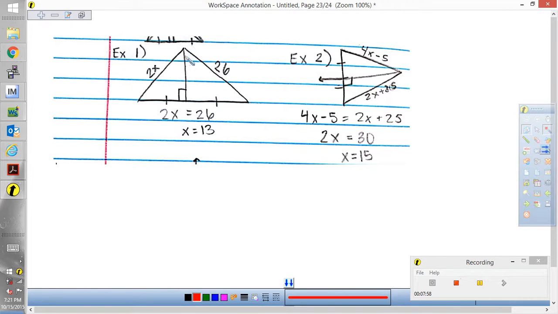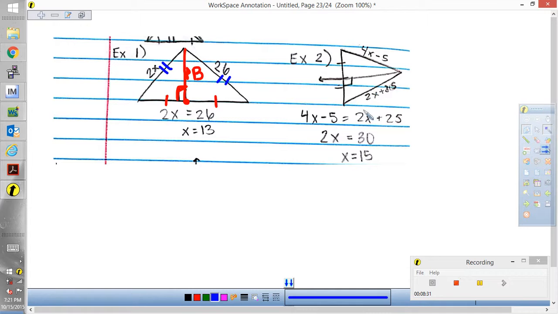Because I have this right angle symbol and the tick marks, I know that this red segment here is the perpendicular bisector, because it's through the midpoint, indicated by these 2 marks, and it makes a right angle. So, because this is the perpendicular bisector, I can say that this side is equal to this side. That's the only equation you're going to set up. 2x is equal to 26. Divide both sides by 2 and get 13.